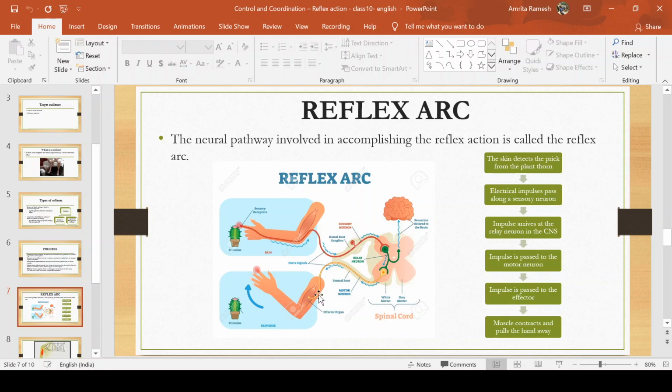The effector is nothing but the organ which is involved. In this case, it is the hand, the muscles of the hand. If it's the leg, it will be the leg. Whichever part is involved is called the effector organ. The muscle contracts and pulls the hand away. So this is the whole reflex arc process. And reflex action is the action of us pulling the hand back. That quick action is what is reflex action.